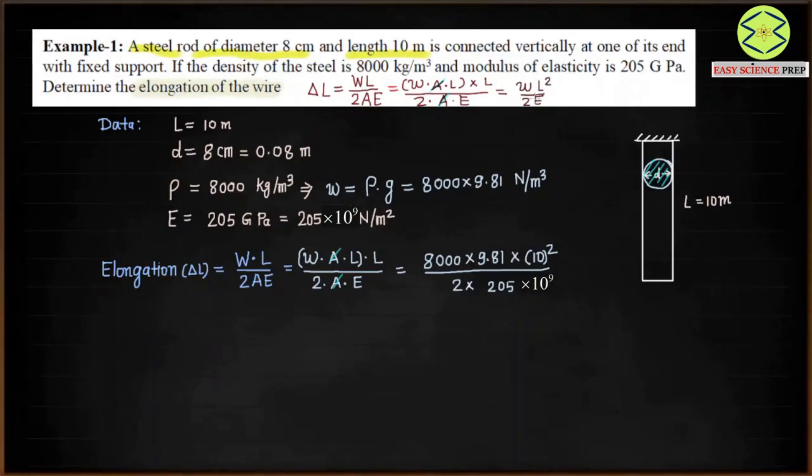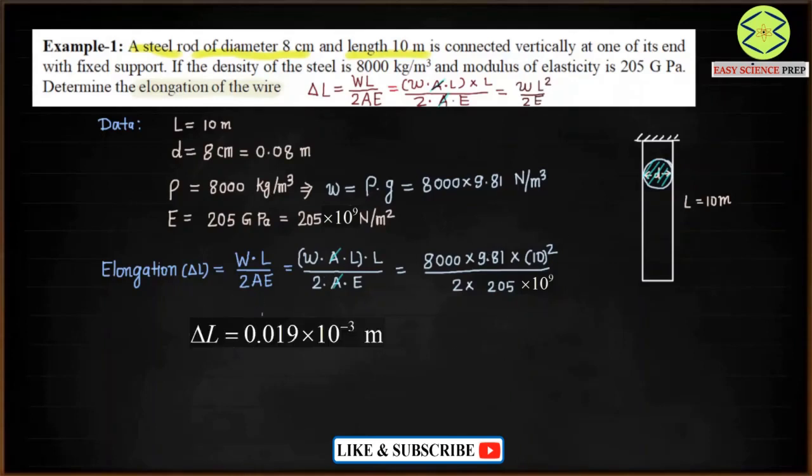Okay, this is a very important portion to be understood. So here diameter is not significant as far as overall deformation is concerned. Put any diameter, keep the same length, and you will get the same elongation. So the deformation after calculation you will get 0.019.